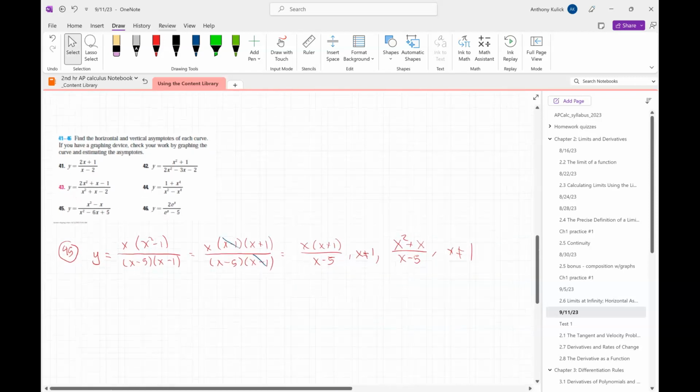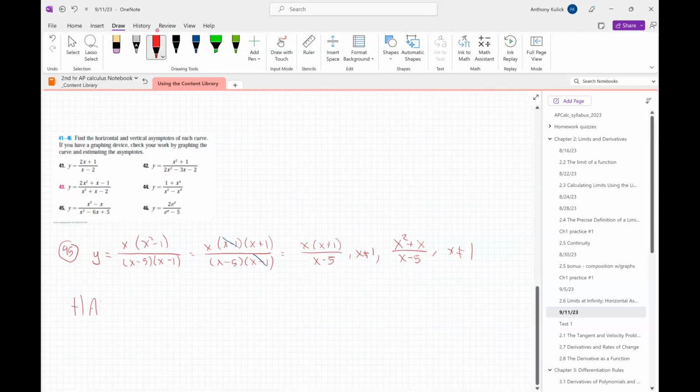Okay. Well, the HA is easy, right? So the limit as x approaches either positive or negative infinity of this is going to equal, I guess let's just do them one at a time. Let's just do negative infinity first.